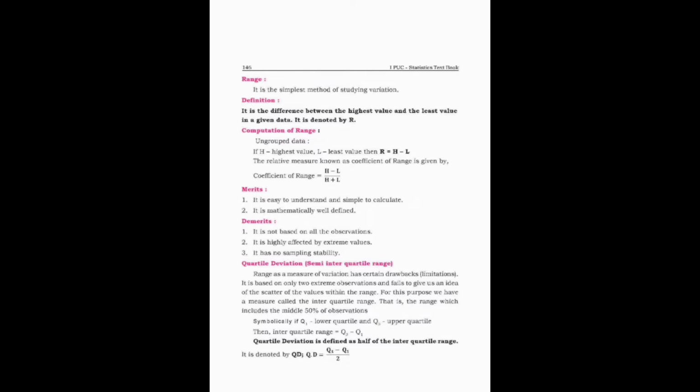Then quartile deviation is the second measure. What is quartile deviation? Quartile deviation is defined as half of the interquartile range. After taking all these formulas, we will calculate some examples. Before that, I will explain all the measures and formulas.